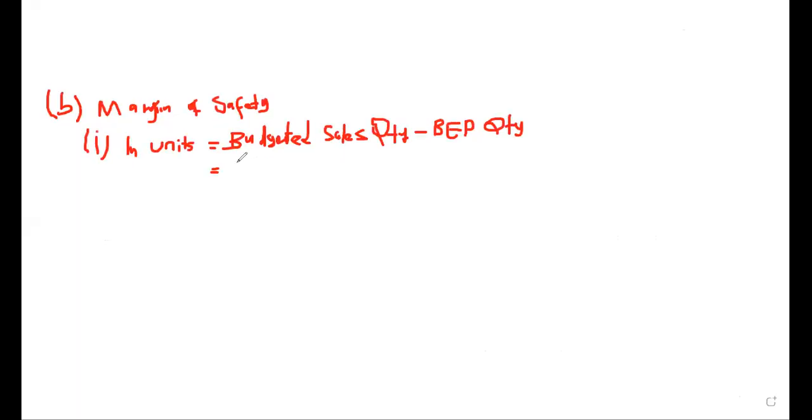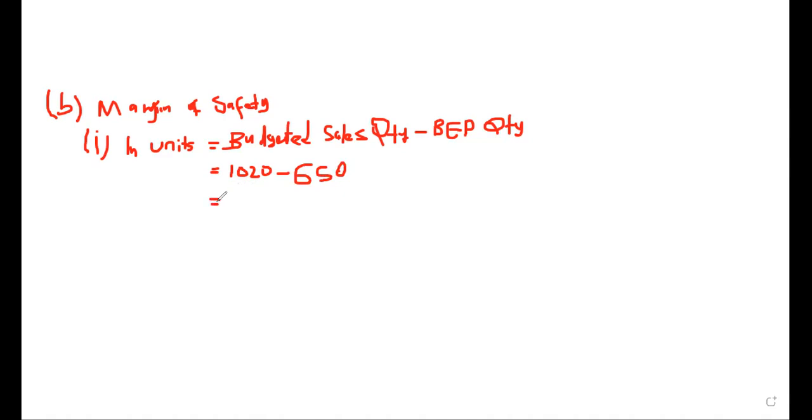Okay, so our budgeted sales were 1,020 units, minus the break-even point units, which we have just calculated, and that was 650 units.